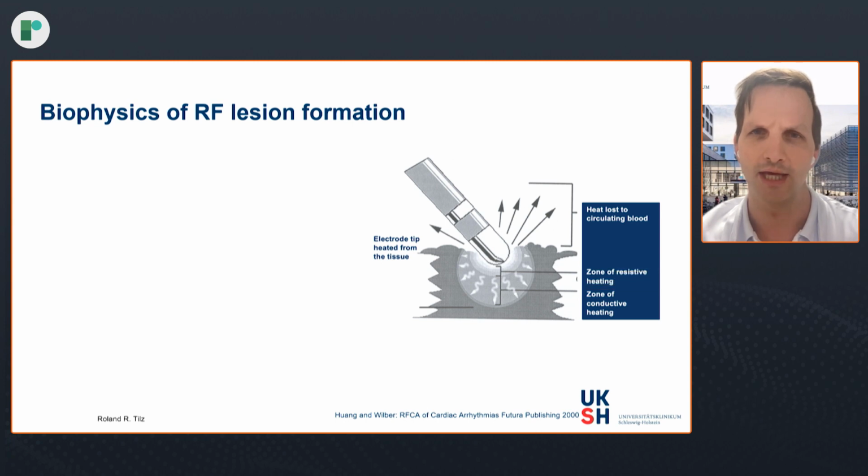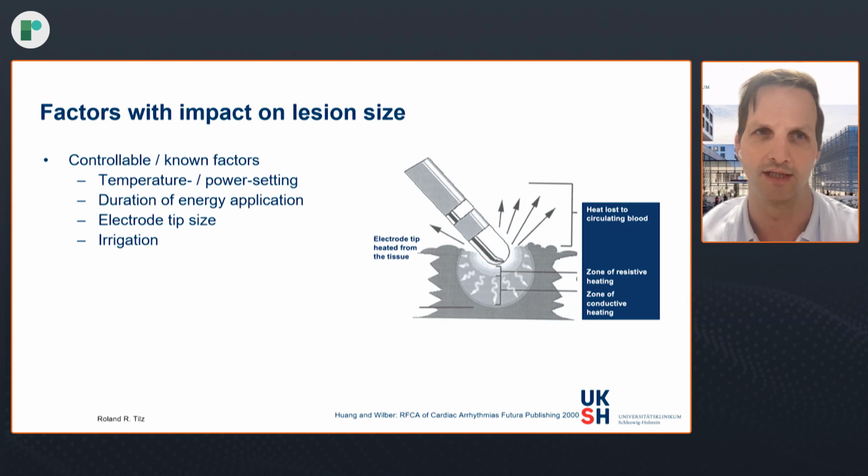And there is also a zone of conductive heating, which is a zone which is partly reversible and less controllable. So the aim of every lesion is to deploy a large resistive heating and a very small, uncontrollable, reversible conductive heating. The more power you deliver for a shorter time, the bigger the resistive heating gets, and the smaller the zone of conductive heating gets.